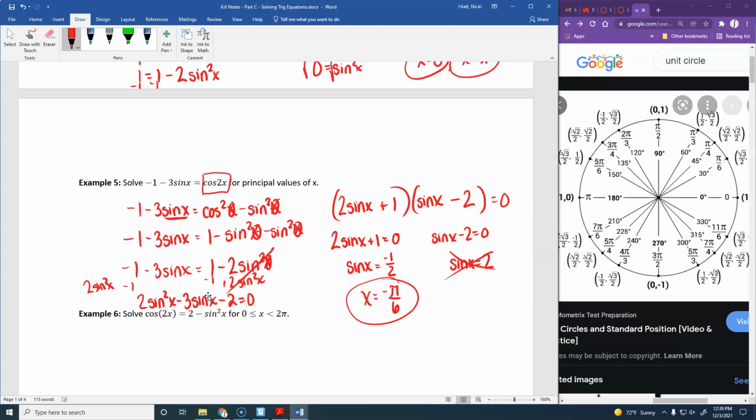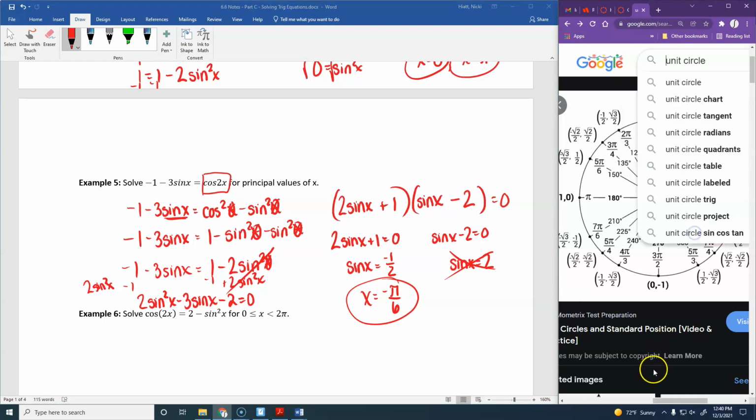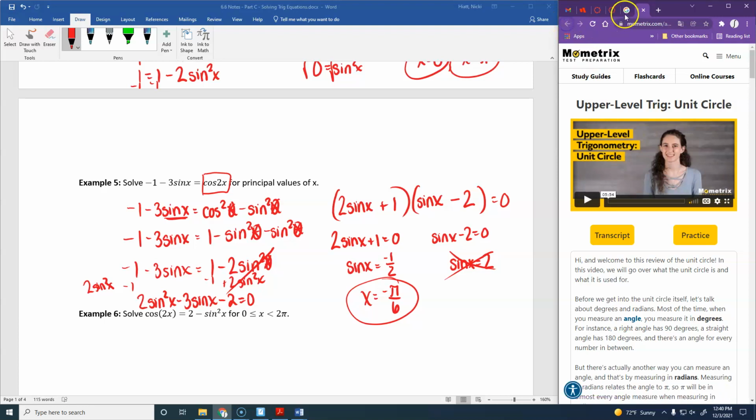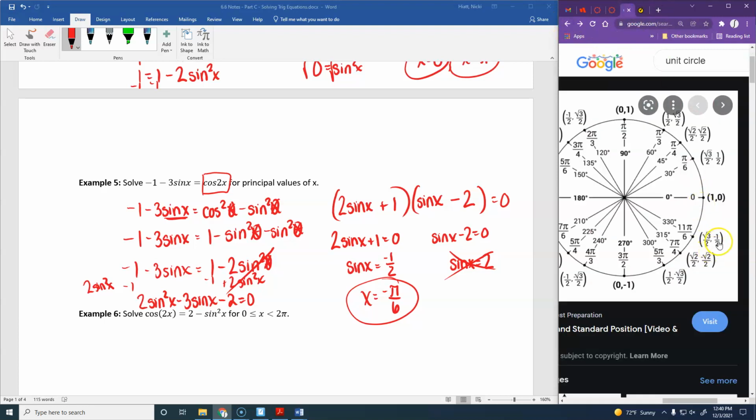So since this is principal values and we're dealing with sine, anything in that fourth quadrant we are going to use negative radians for. So right here, 11 pi over 6 is where our sine is negative 1/2, but that's not between negative pi over 2 and pi over 2, so we would use negative pi over 6.